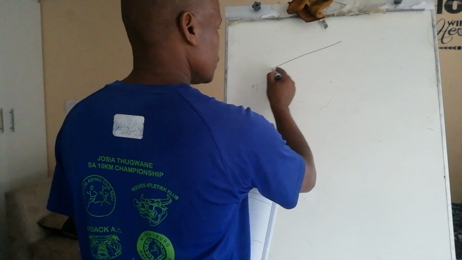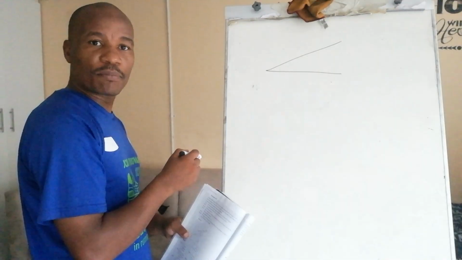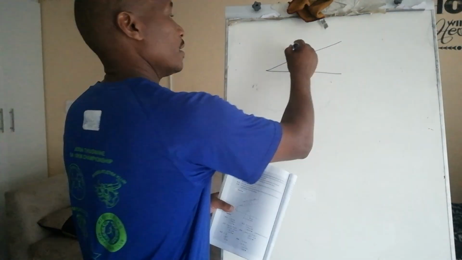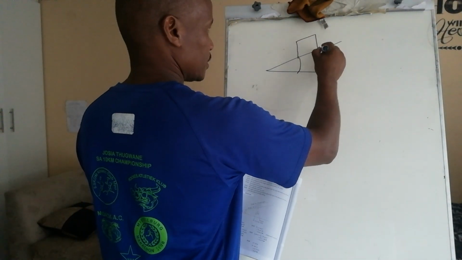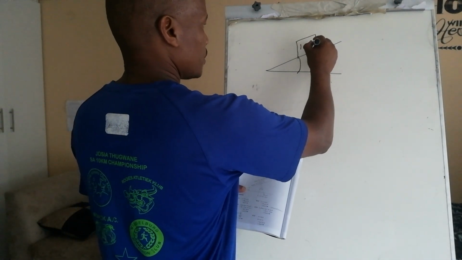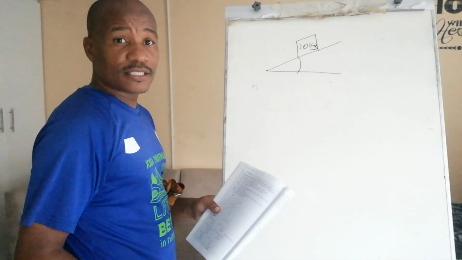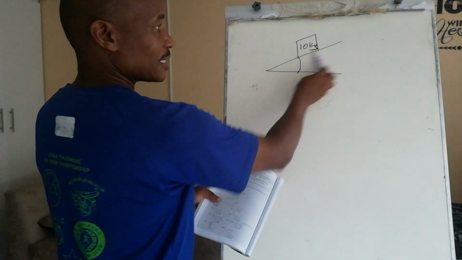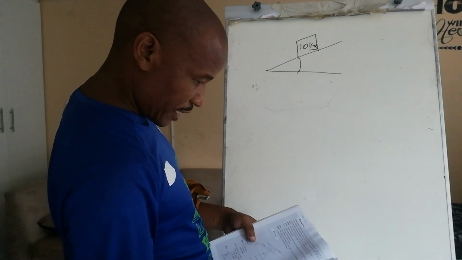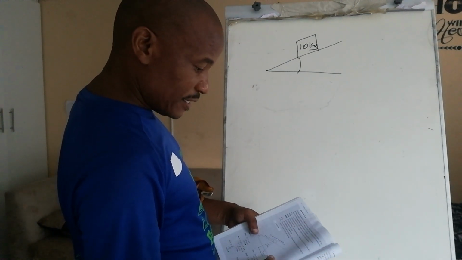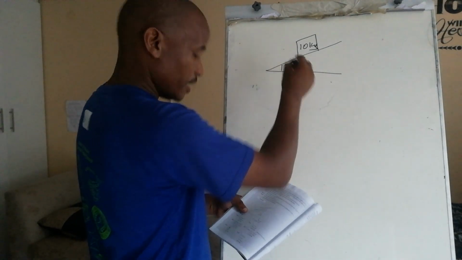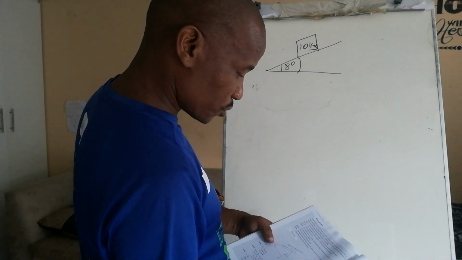A body, this is the inclined plane, possibly at that angle. I'm yet to find out. This body, and it weighs how much? It has a 10 kilogram mass, and it rests on this inclined plane that makes an angle of 18 degrees with the horizontal.